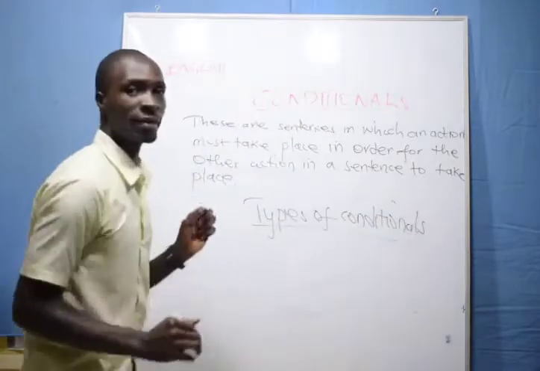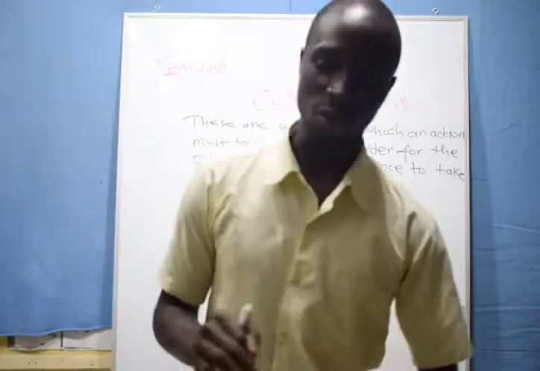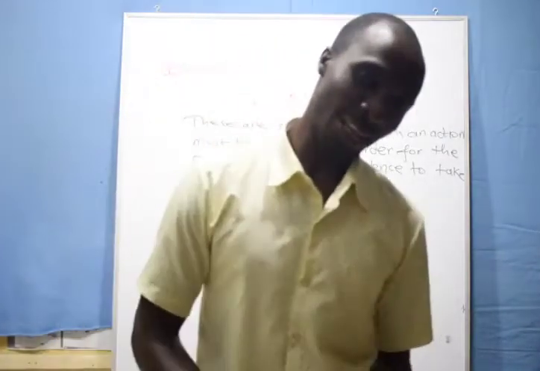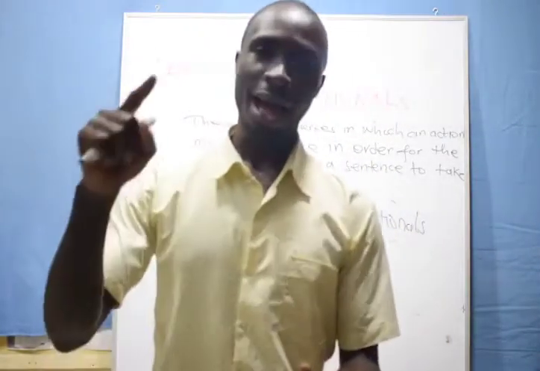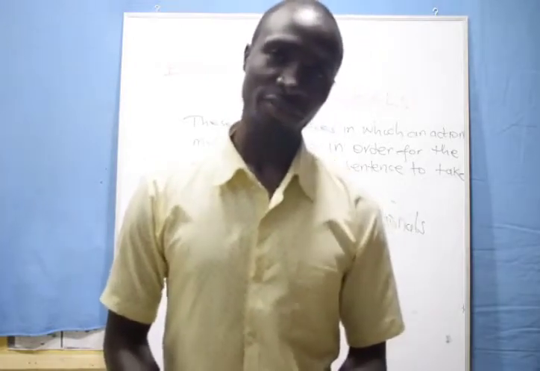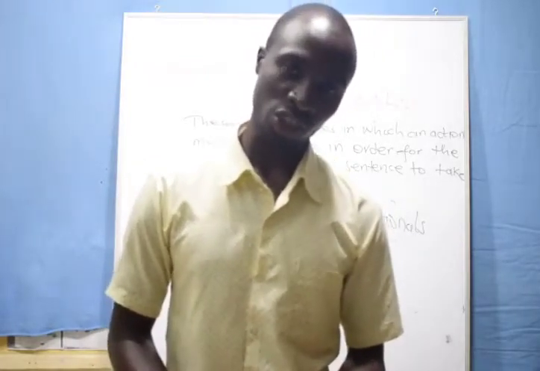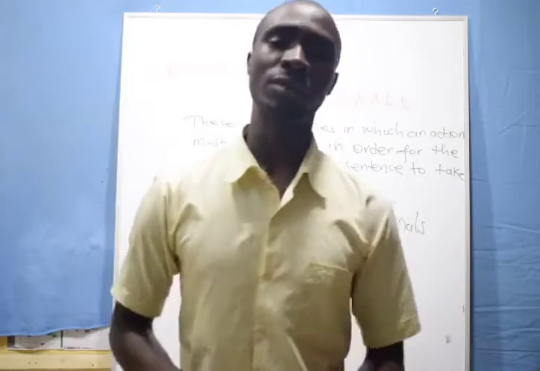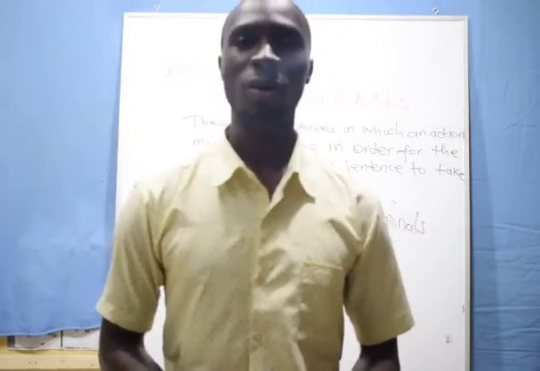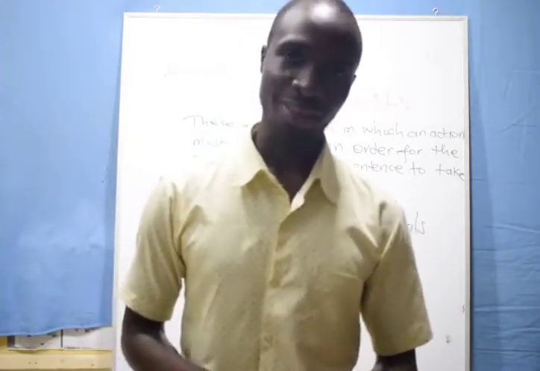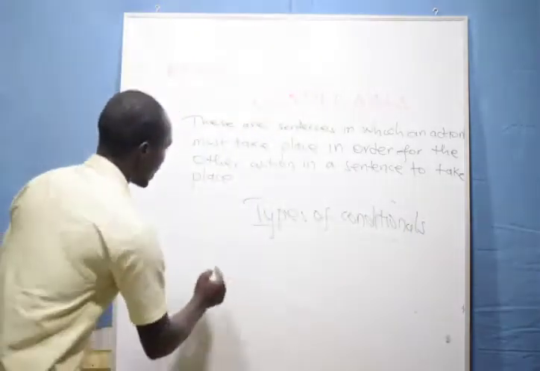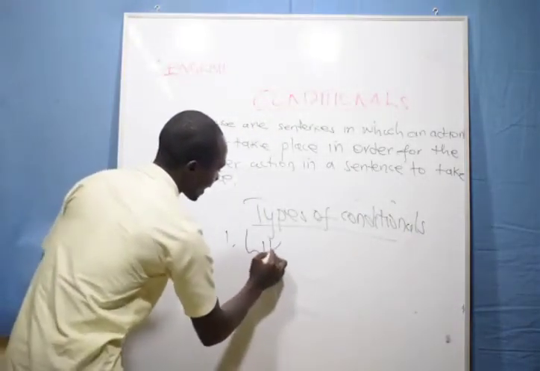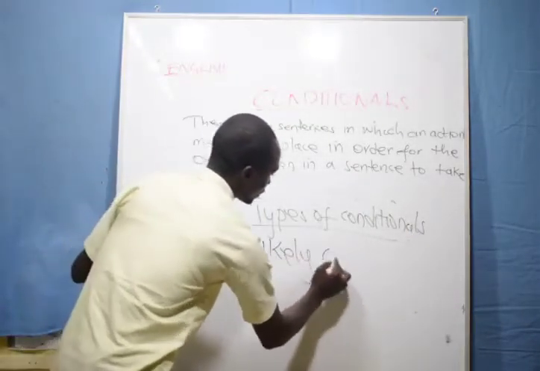So we have three types of conditionals. One, we have likely conditionals. Number two, unlikely conditionals. Repeat after me, class. Unlikely conditionals. Number three, we have what we call impossible or improbable conditionals. I'll write them here. I said we have likely conditionals.